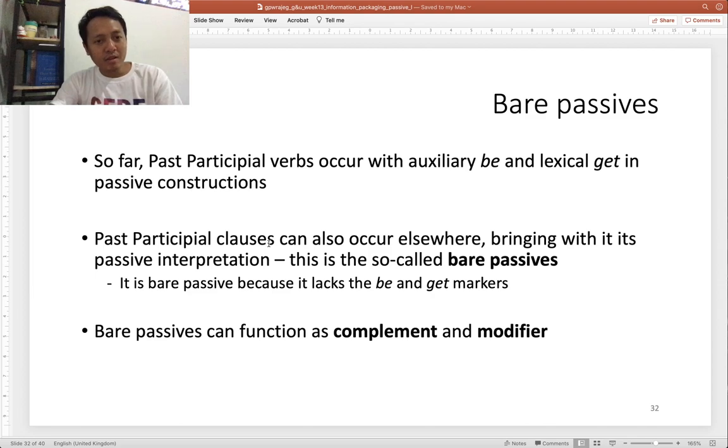However, these past participle verbs indicating passive can also occur elsewhere in other clauses without any marker of be and get, but these past participle clauses can still convey a passive interpretation. Because these participle clauses do not have the be and get markers, they are called bare passives. Bare passives can function as complement and modifier.